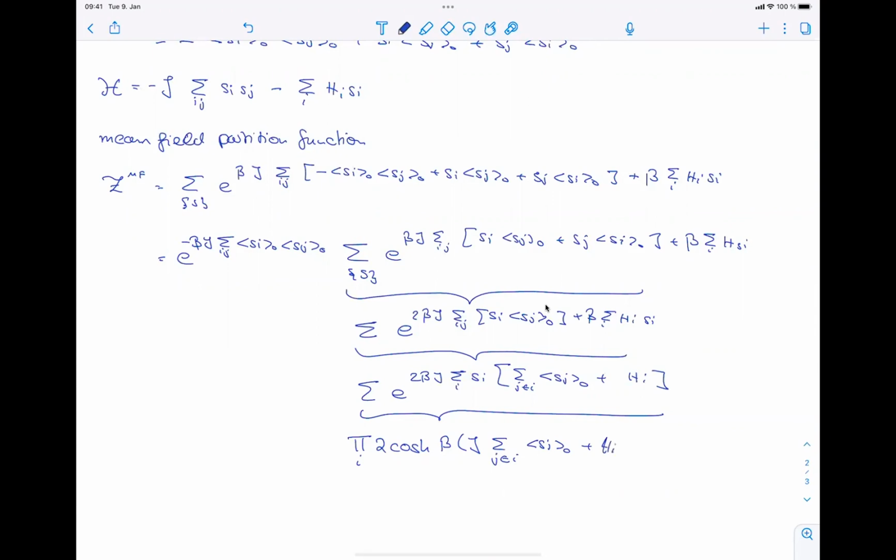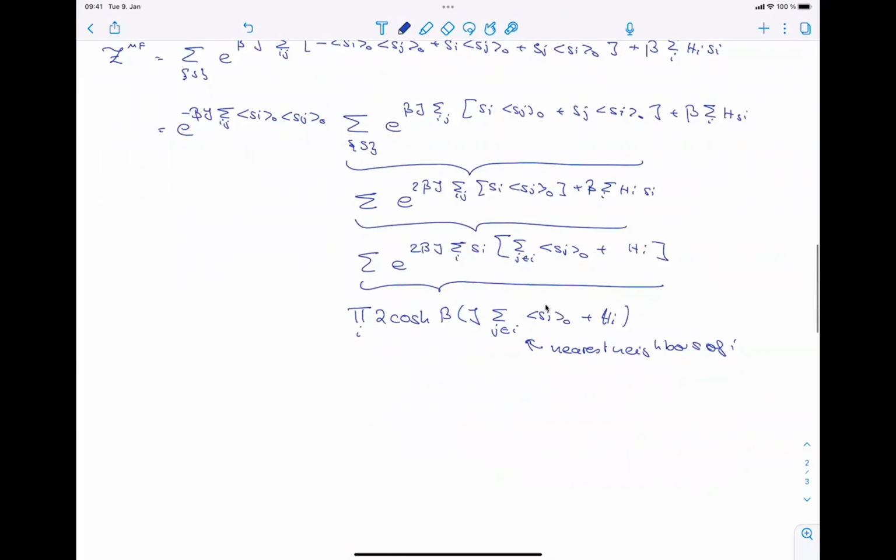hi. So this is analogous to the derivation of the partition function we had before, except that now we're dragging an index with the h, and here we're summing over the nearest neighbors of i.